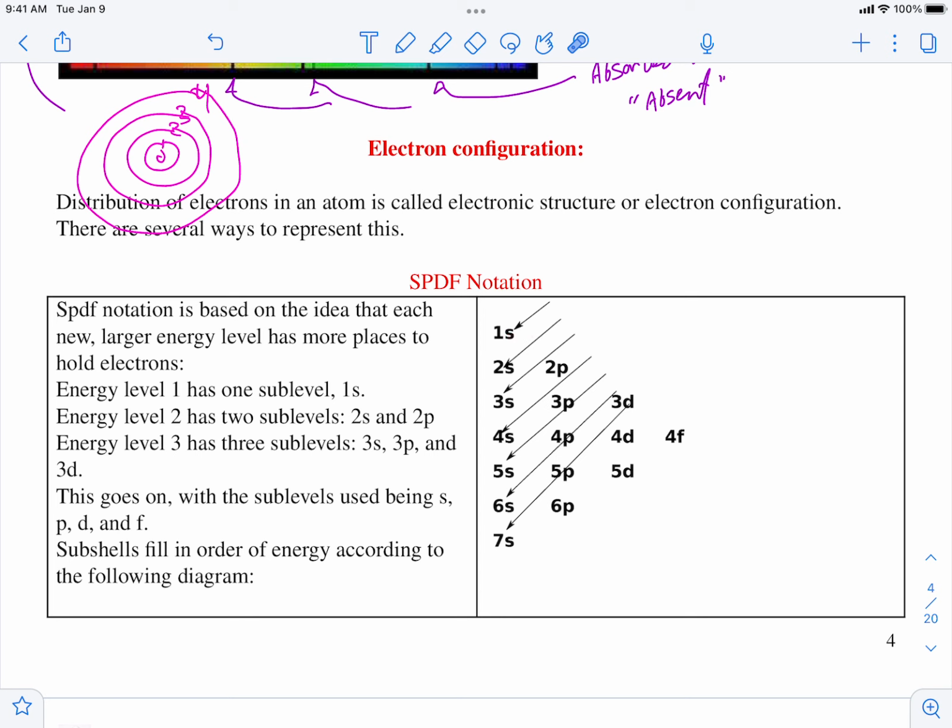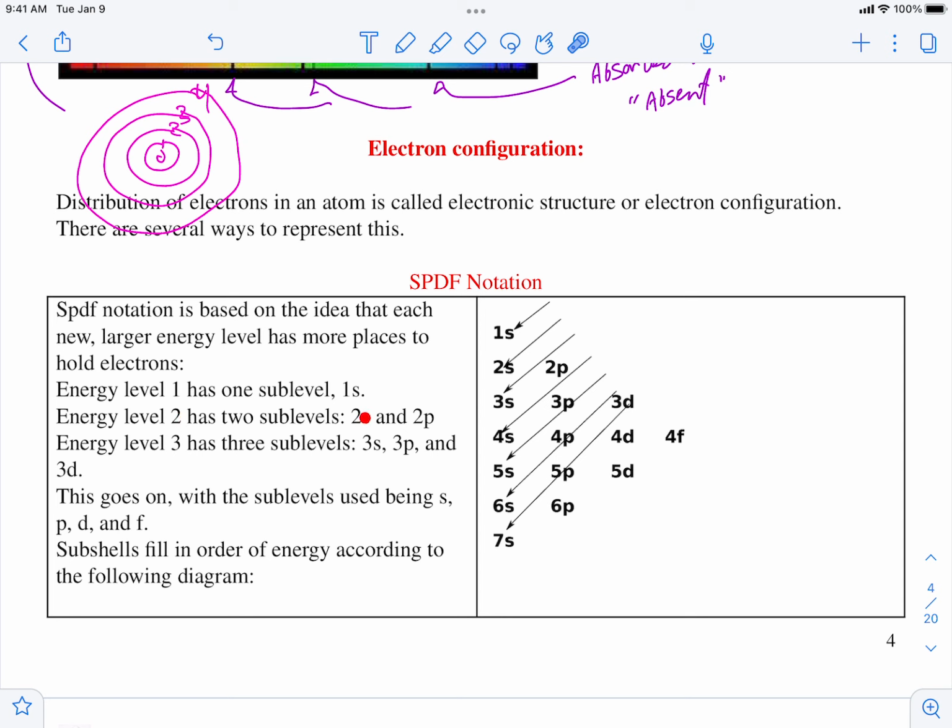Now every level is split up into what we call sublevels, right? And in energy level 1, the only sublevel that's there is S. We just designate it as S. In energy level 2, which is bigger than 1, there are going to be two sublevels.